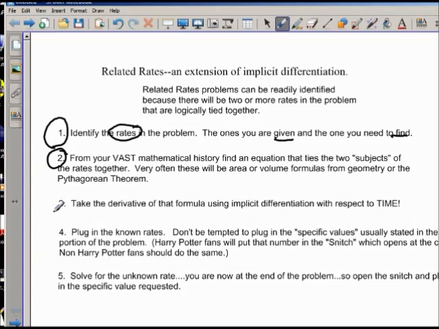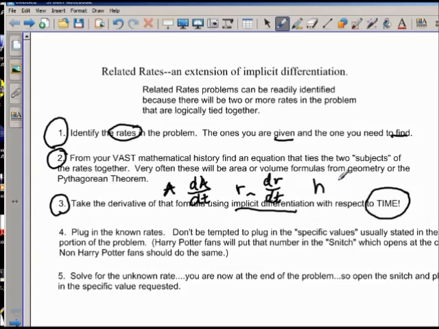Take the derivative of that formula, and this is the weird thing, using implicit differentiation with respect to time. There probably won't be a time variable in that equation, but the derivative of A with respect to time is dA/dt. The derivative of the radius with respect to time is dr/dt. The derivative of h with respect to time is dh/dt.